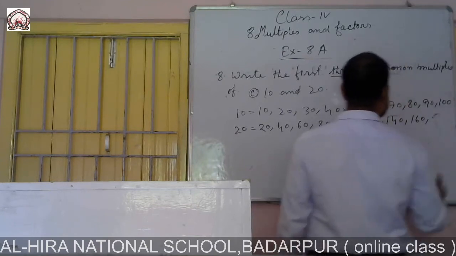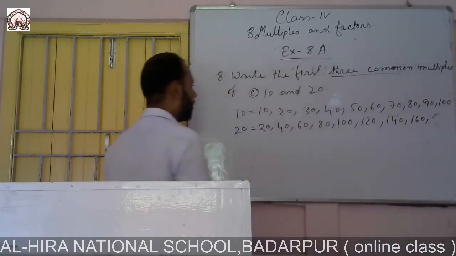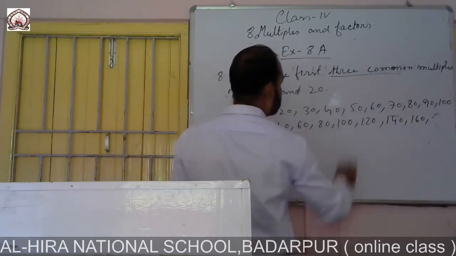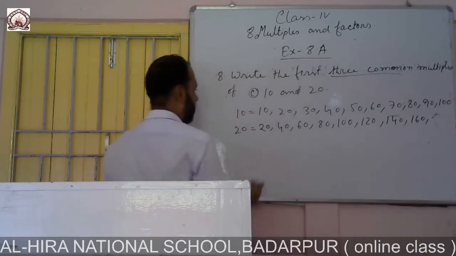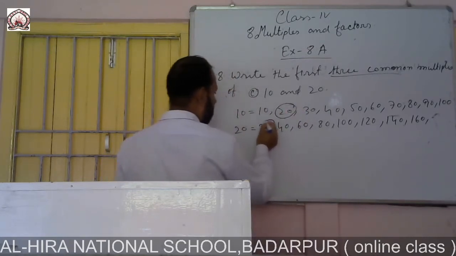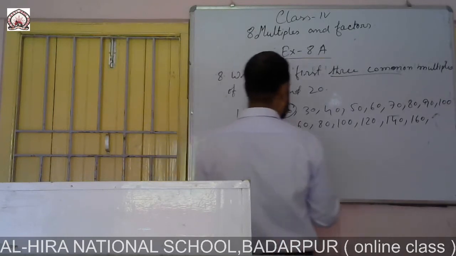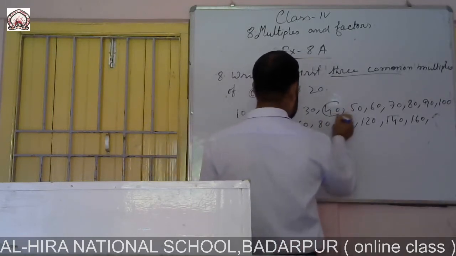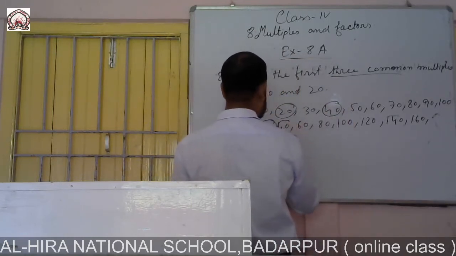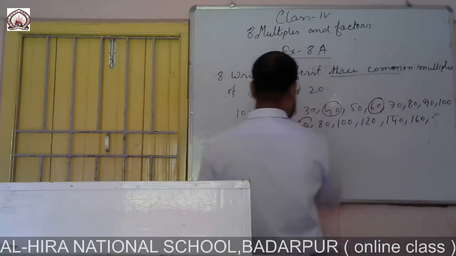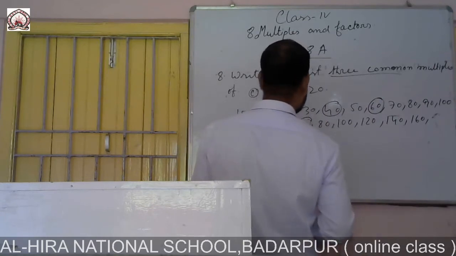Okay, up to 160. So we take out the first 3 common multiples of 10 and 20. So 20 is common, then 40 here, 40, then 60, 60. So 3 we got already.